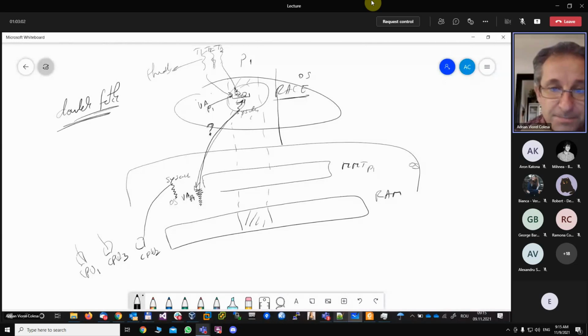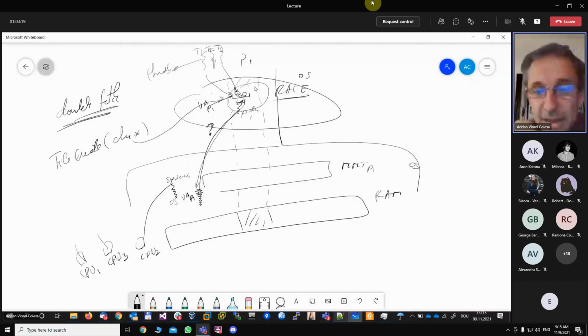Let's take the example with file create, which, as I told you, is given a char pointer, which is the name of the file. The operating system knows that here is a null terminated string, and maybe allocates some memory to store it, to perform a copy. It doesn't matter precisely if that's exactly the way you'll handle file create.